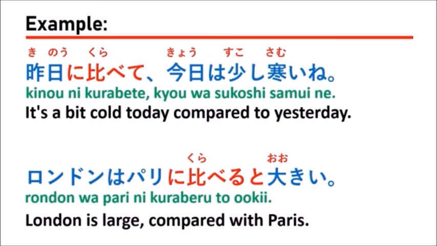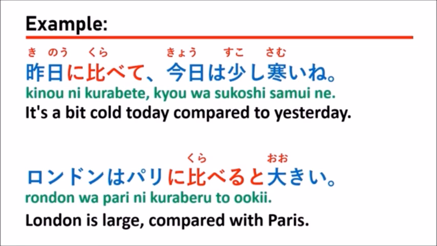The と means "if" when you translate to English, so you should begin with "if." If we compare to Paris, London is large, right?